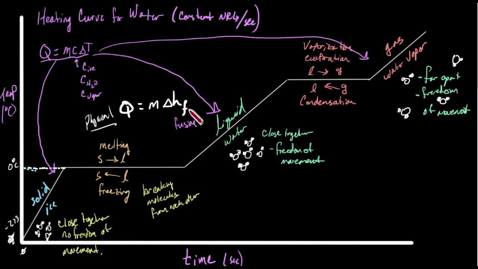Okay, this F stands for fusion, which is making the liquid turn into a solid. It's the general term for any of this. This is not to be confused with nuclear fusion. That's a whole other topic we will get to later in the year. So this is the heat of fusion, or the heat of freezing if you want.